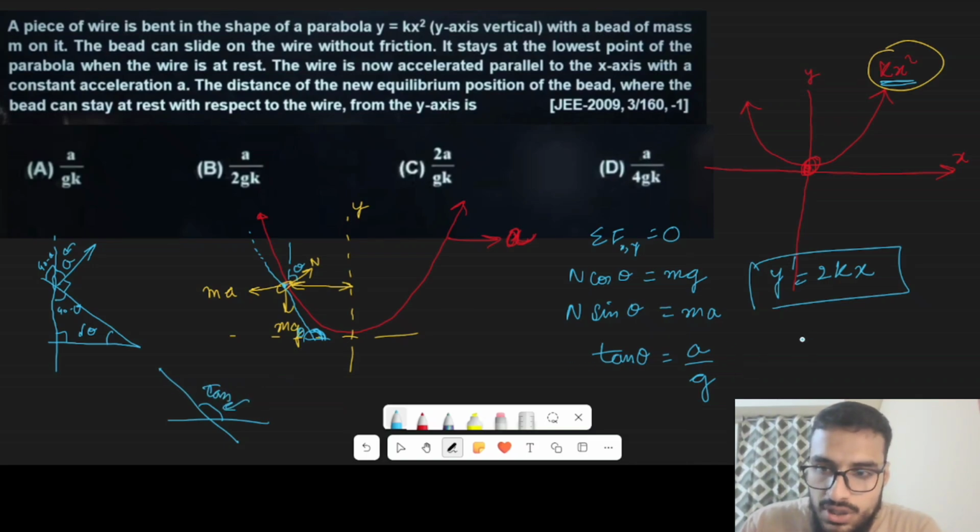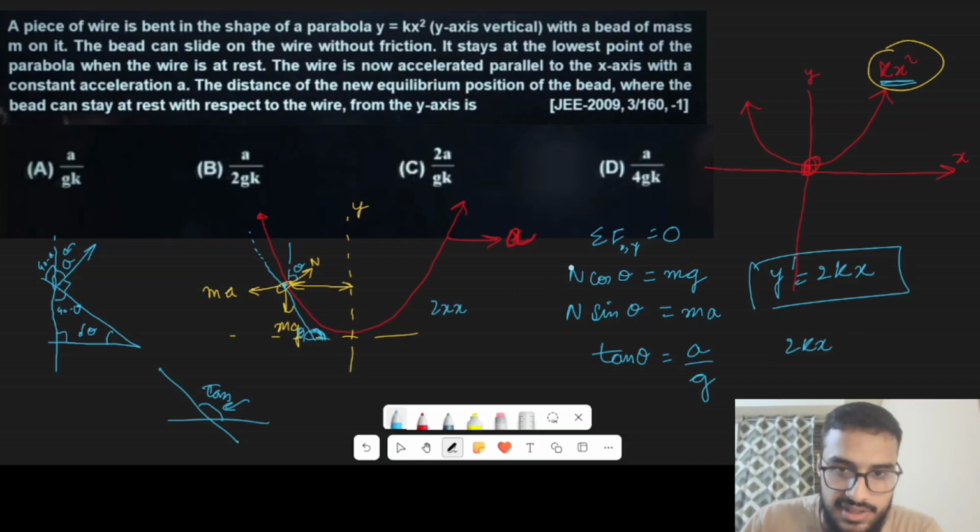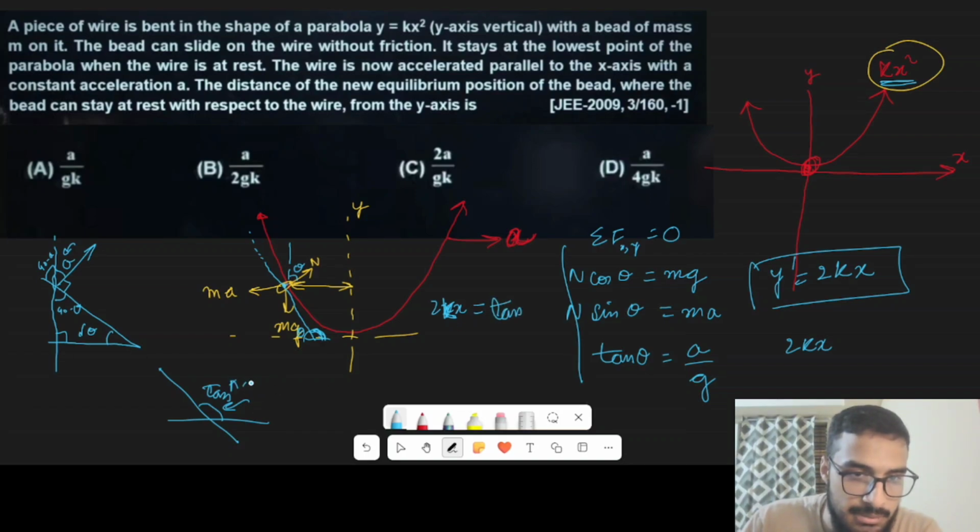Can we write our 2kx, that is the differentiation, should be equivalent to tan of, can we say this is pi minus theta? Yes, because this is theta. So pi minus theta.